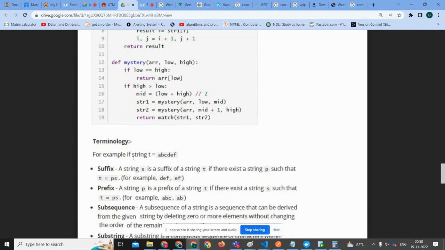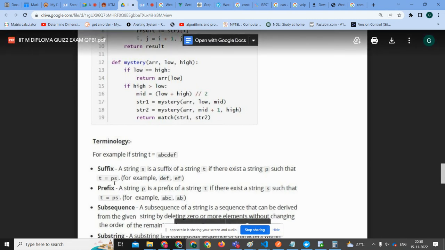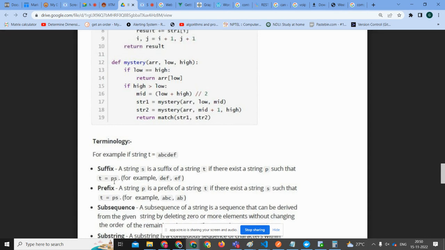So for example, the string t equal to abcdef. A string s is a suffix of string t if there exists a string p such that t equals ps. What is this?